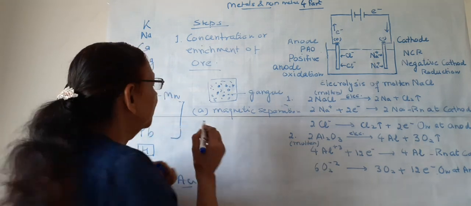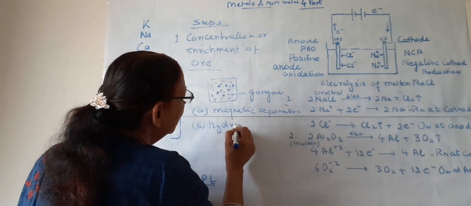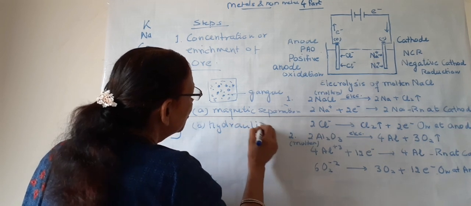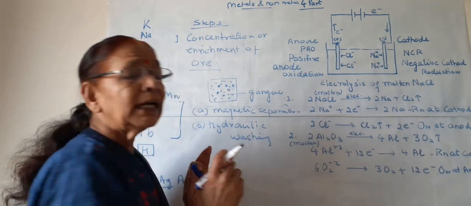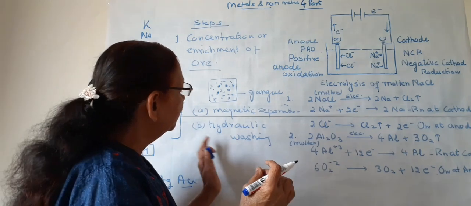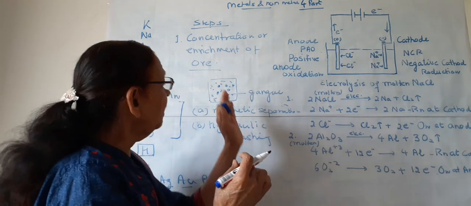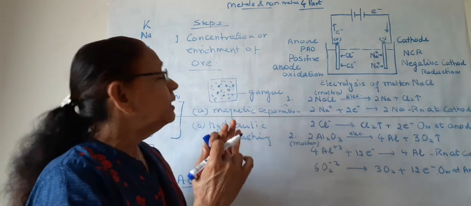So this is known as magnetic separation. Then there may be hydraulic washing. By this washing, all the clay, sand, small rock particles are washed away, and the metal is found in a more concentrated state.